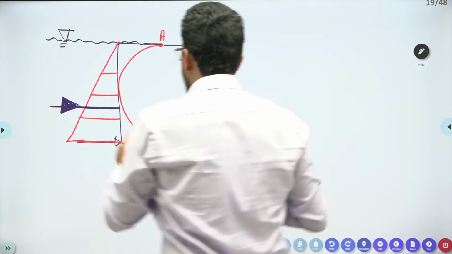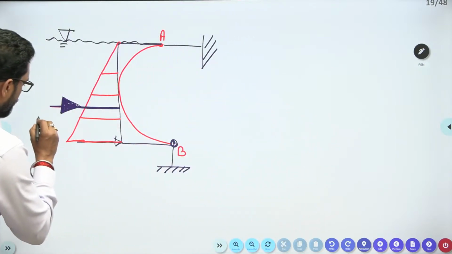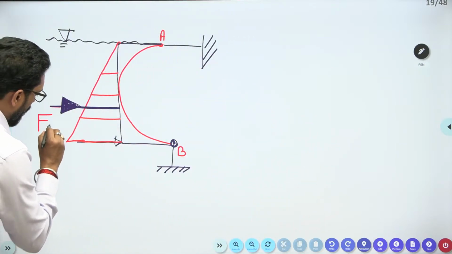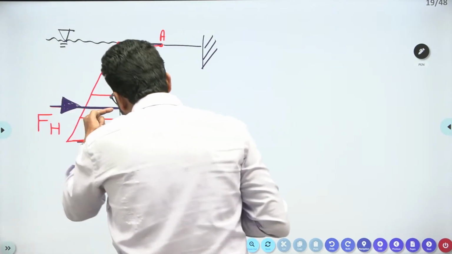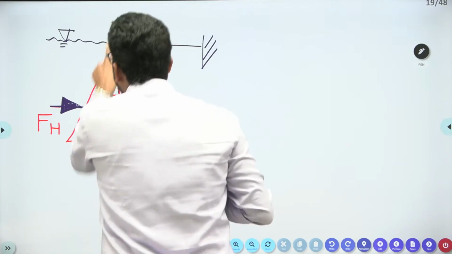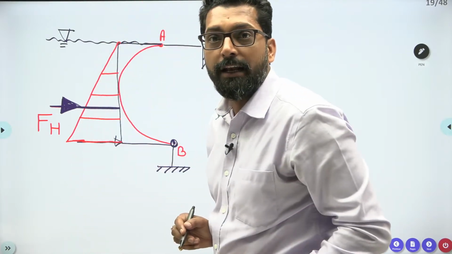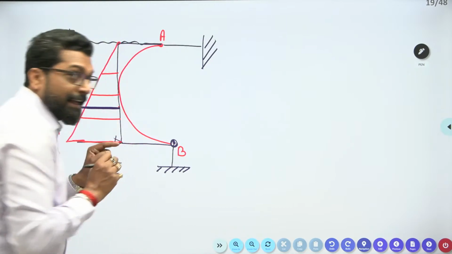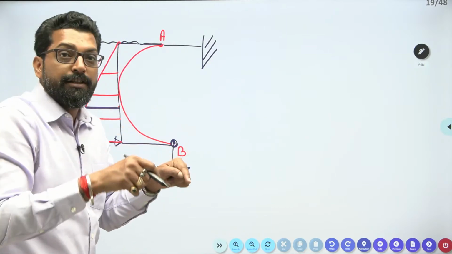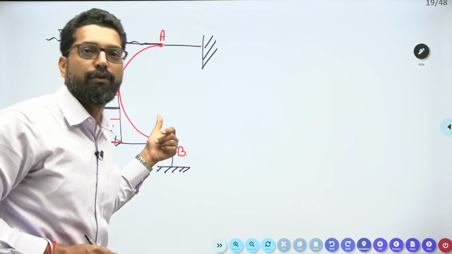So this FH, this horizontal force, will act at the CG of this triangle. The CG of the triangle is the CP, the center of pressure of the net hydrostatic force.